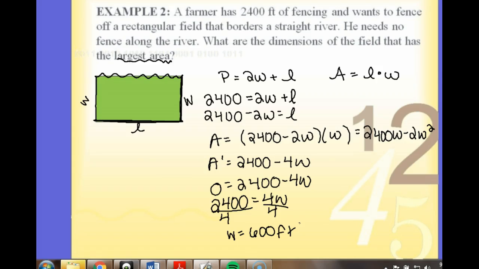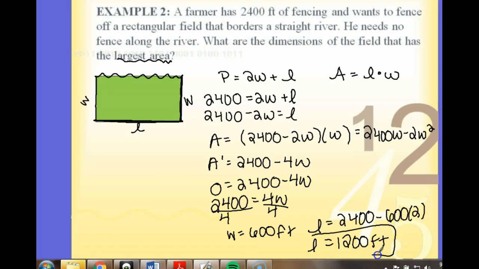It said, what are the dimensions? So I also need to know the length. And you're done. If you got more than one critical number for W, then you would have to do a number line and find which one was the actual max or min.